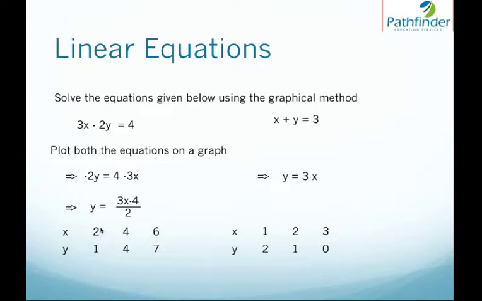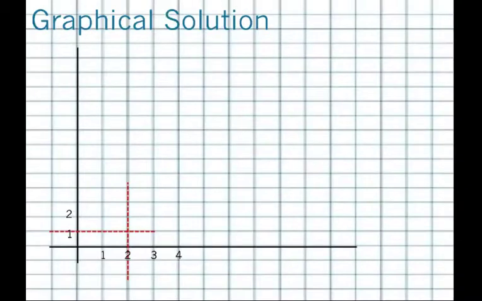For the first line, the given 2 points are (2, 1) and (4, 4). So how do you draw (2, 1)? We have 2 and 1, and we see the point of intersection here, that is represented as (2, 1). The second point is (4, 4).